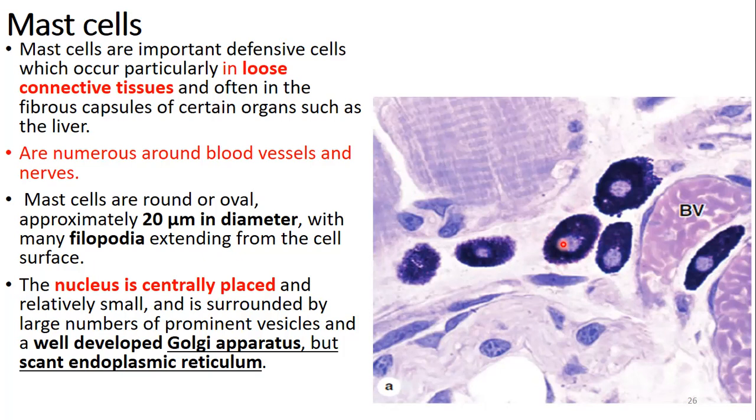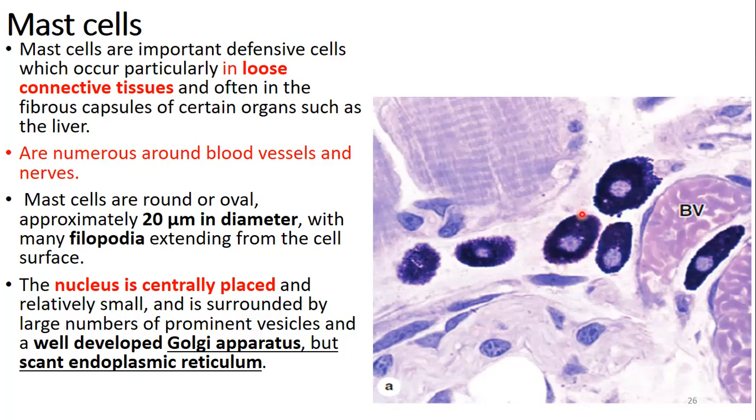Now, you've heard of individuals who are allergic to certain foods, for example, fish, others allergic to peanut, and so on. What happens when those persons eat the same product that they're allergic to is there will be over-secretion of those chemicals I've mentioned, heparin, histamine, prostaglandins, and leukotrienes by mast cells.